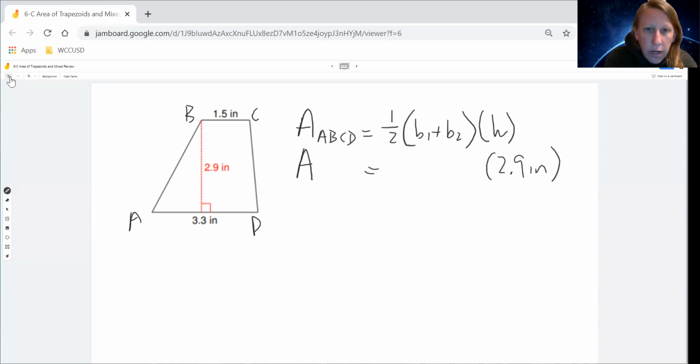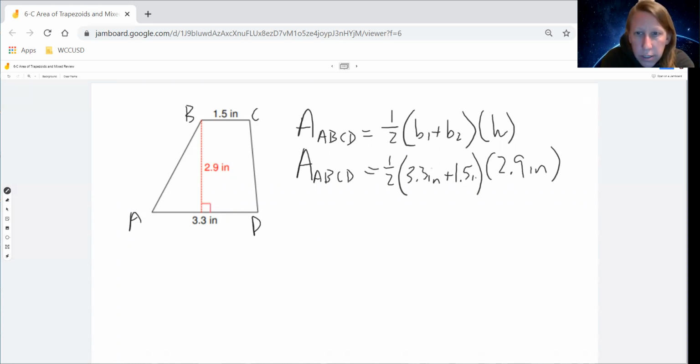Area, capital A for area. Area of ABCD is half. What's base 1? 3.3 inches. And what's base 2? 1.5 inches. Wow, it's hard to get those units in there.